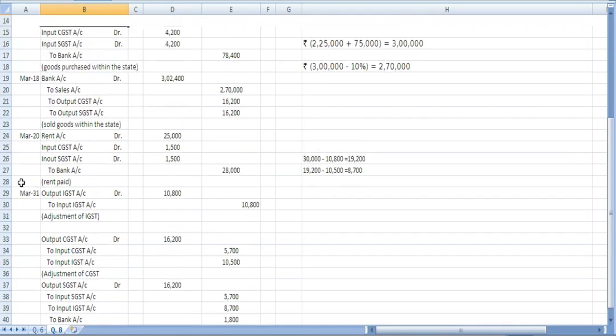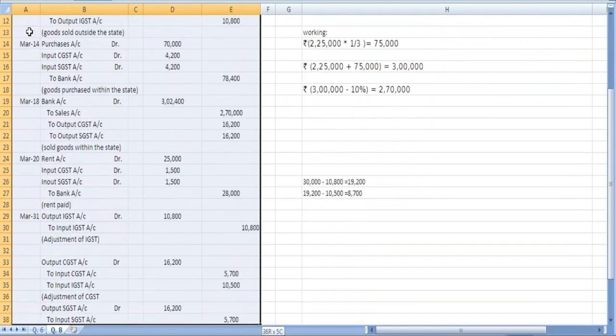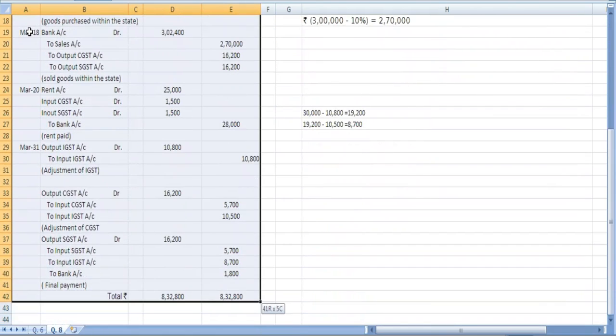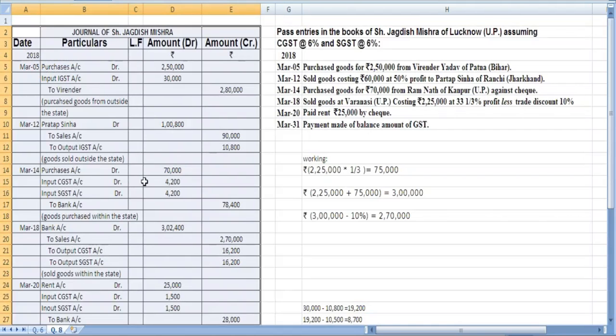So this is how we have to adjust the excess input IGST. This is how we have to adjust the input IGST with the output IGST. So first we have to adjust output IGST with input IGST.